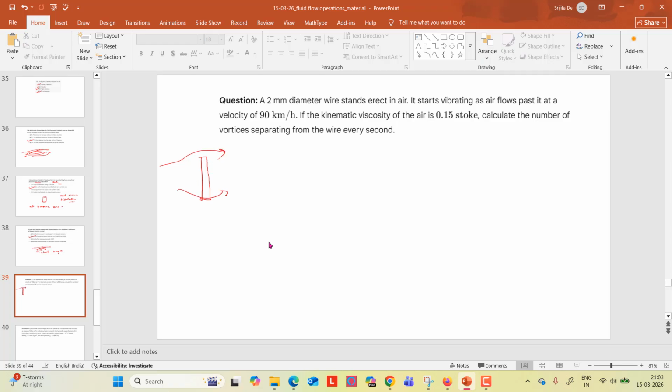The fluid is air. It starts vibrating as air flows past it at a velocity of 90 km per hour. If the kinematic viscosity of the air is 0.15 Stokes, calculate the number of vortices separating from the wire every second.